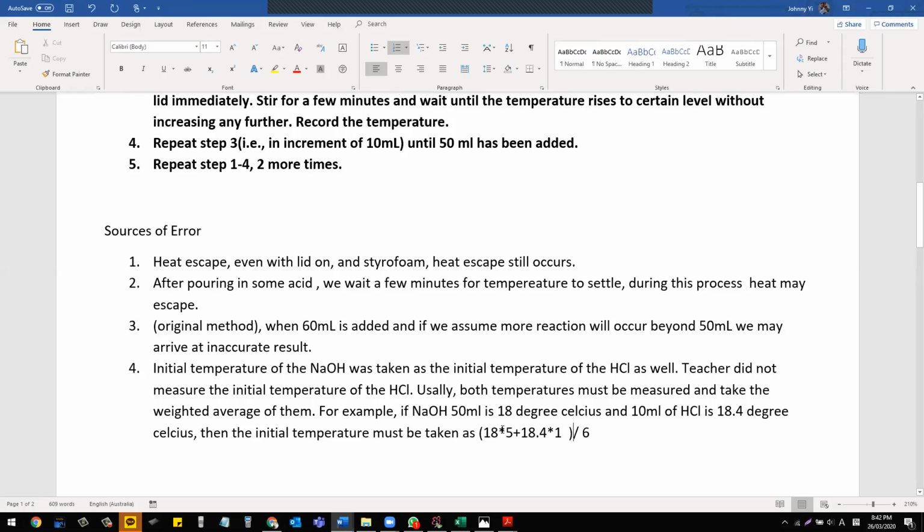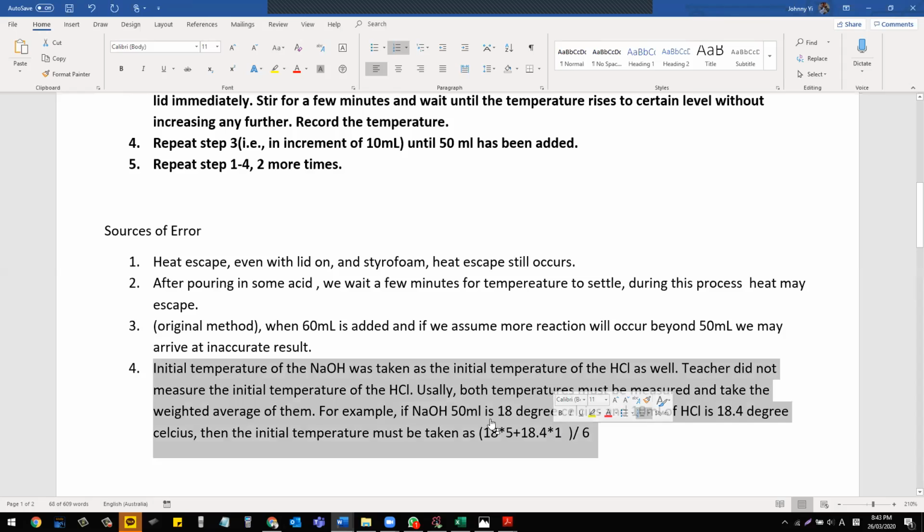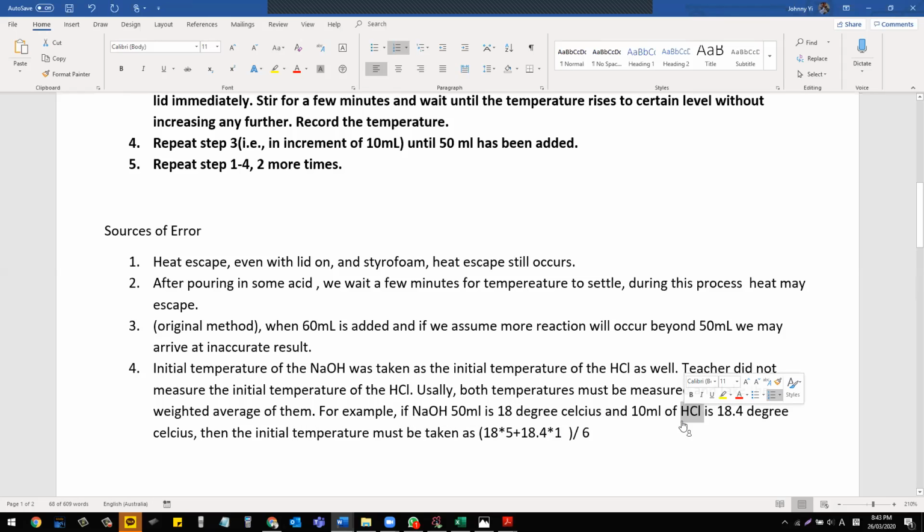So there's a weight of 5 to this temperature, and a weight of 1 to this temperature, because it's 50 mL, 10 mL. And then you divide that by 6, which is the addition of those two weights. But no one measured the temperature of this one.